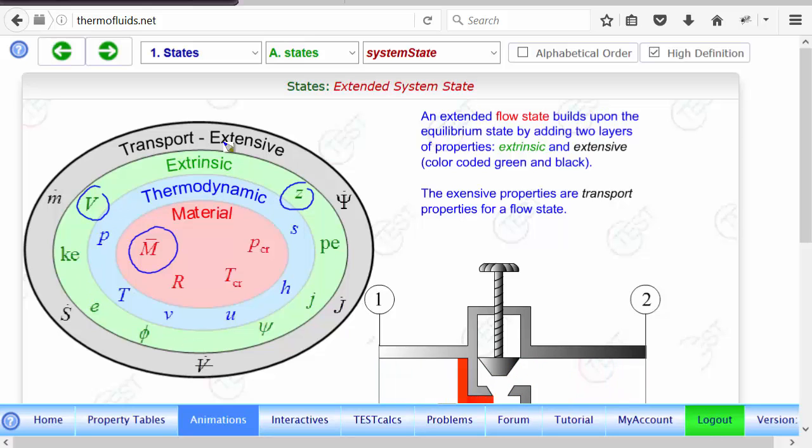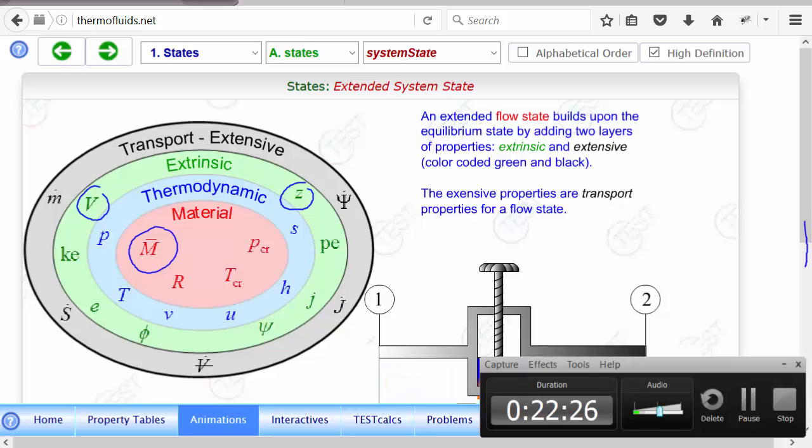And finally, instead of total properties, now we have what are known as transport properties. Remember, for a system state, we had mass, entropy, volume, etc. Now we have m dot, s dot, v dot, etc. That is the big difference.